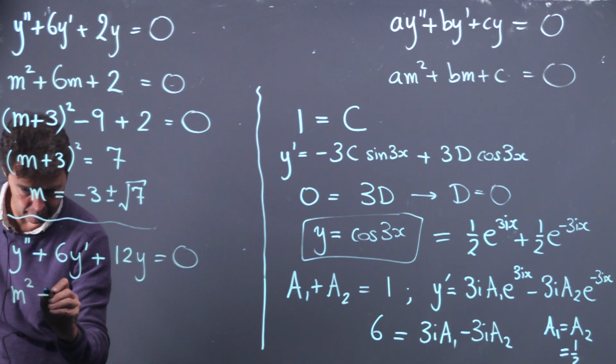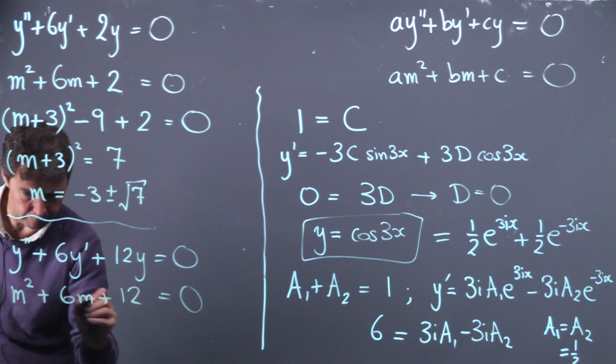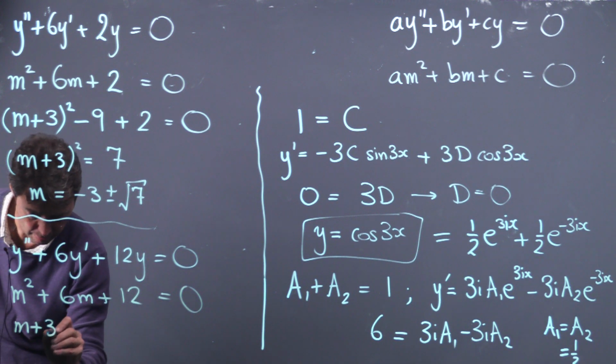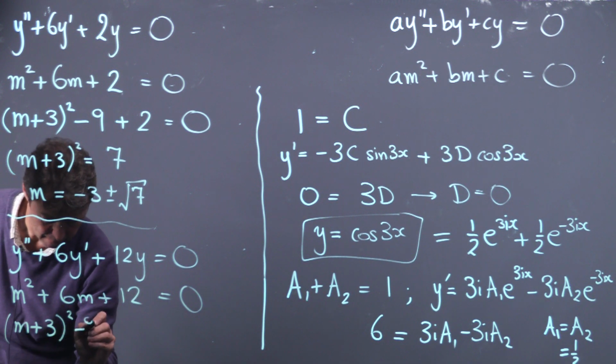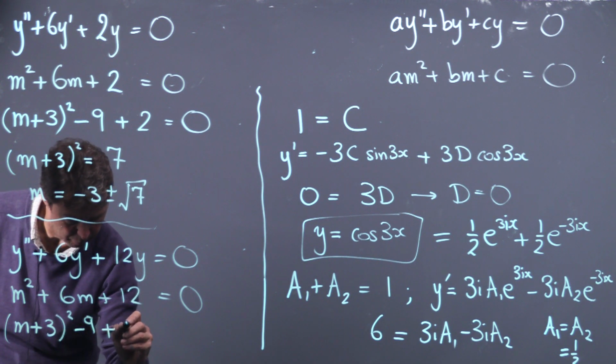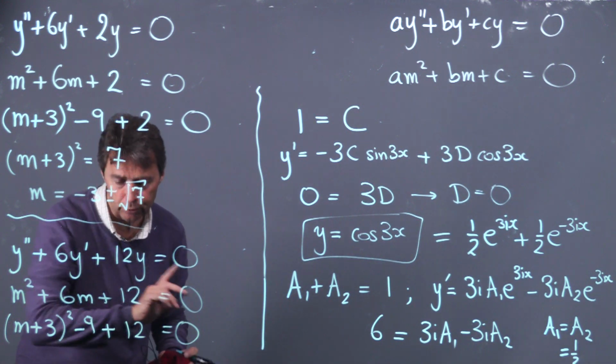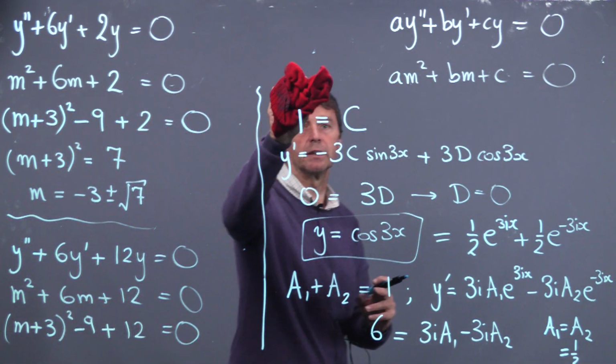Here is the auxiliary equation. Now I complete the square. Right, so this piece gives me that. Now I'm going to add plus 12. Okay, so here, minus 9 plus 12 is plus 3, so when I take that to the other side, I get the following.